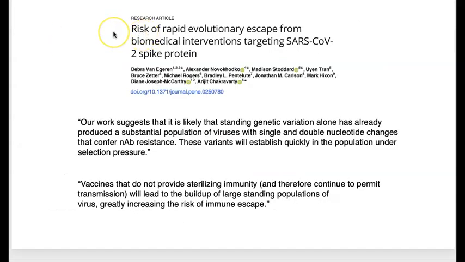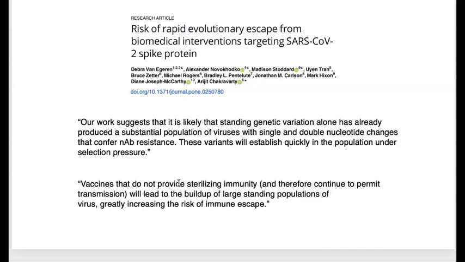One of the issues that I have with mass vaccinations is this concept of rapid evolutionary escape, meaning that if you use a non-sterilizing immunity type vaccine that's very specific. So again, non-sterilizing immunity means it doesn't prevent you from transmitting. It doesn't prevent you from getting infected. It's not sterilizing.